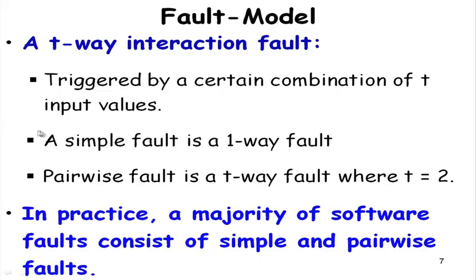The simplest T-way fault is a one-way fault. In a one-way fault, as long as one specific parameter is set to true or false or something, then the problem occurs.